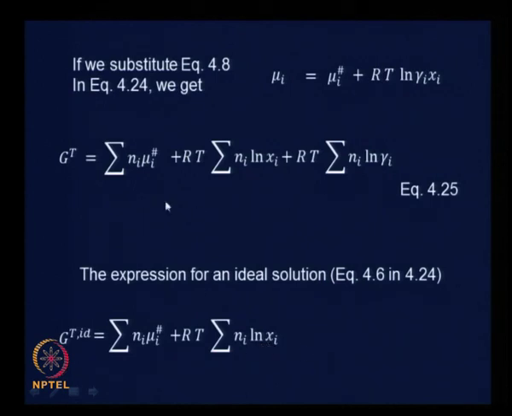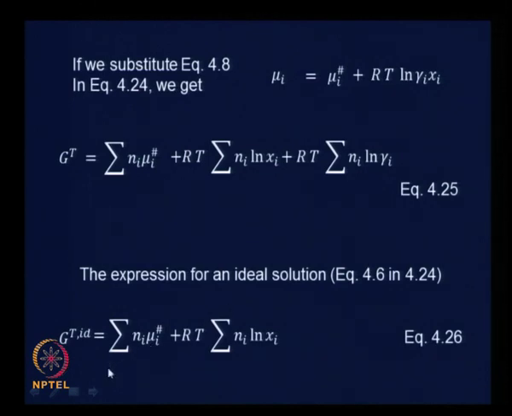Now, you know where we are getting at. You know that the excess property is going to be the actual minus the ideal. So, the expression for the excess property in terms of mu_i hash, gamma_i x_i and so on and so forth would be obtained if we subtract this equation, which is equation 4.26, from 4.25.